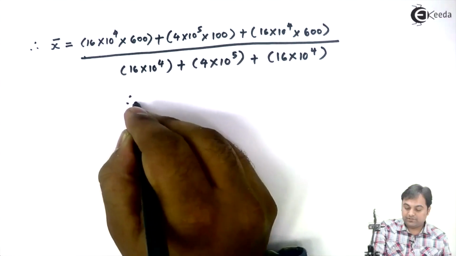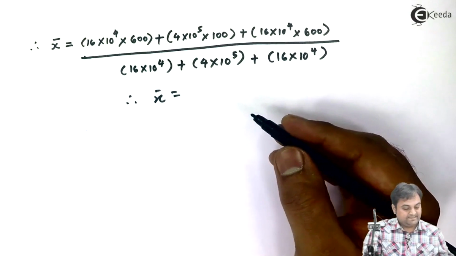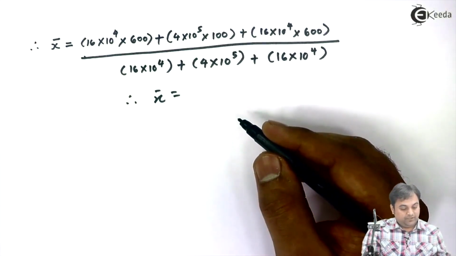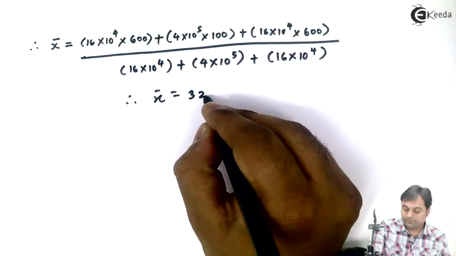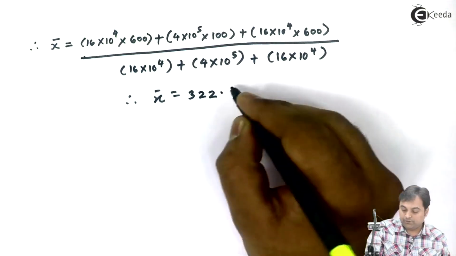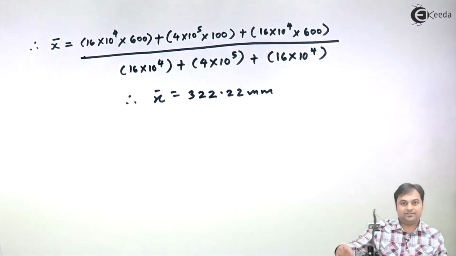So from this, if I calculate, I will get the x bar value as 322.22 mm. This is our first answer.